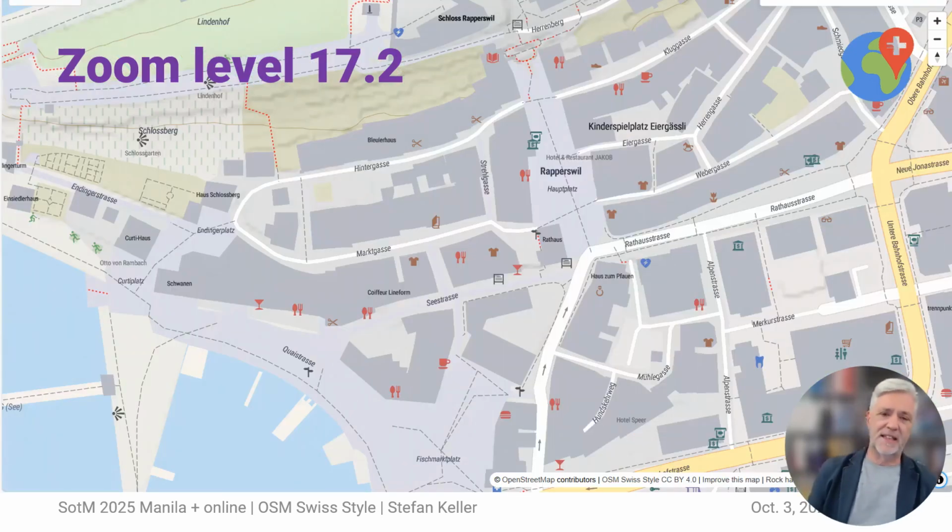So finally, at the zoom level where points of interest show up, you see the icons of the POIs in the old town of the city of Rapperswil, where our university is located. And the icons should be self-describing, because they are mostly inspired by OpenStreetMap icons, and we'll tell you more about this in a minute.